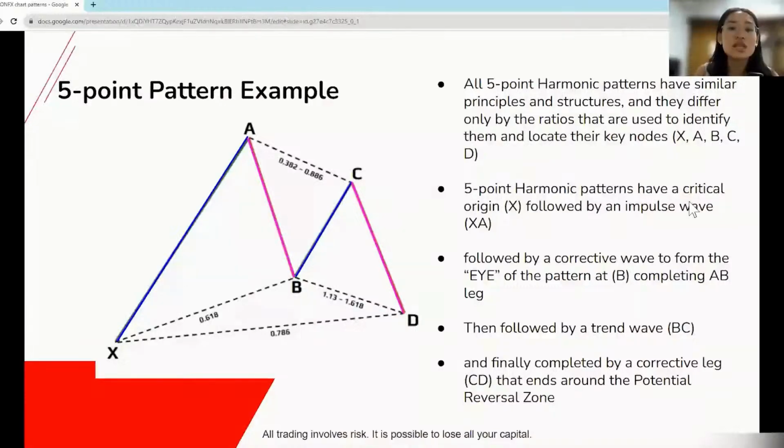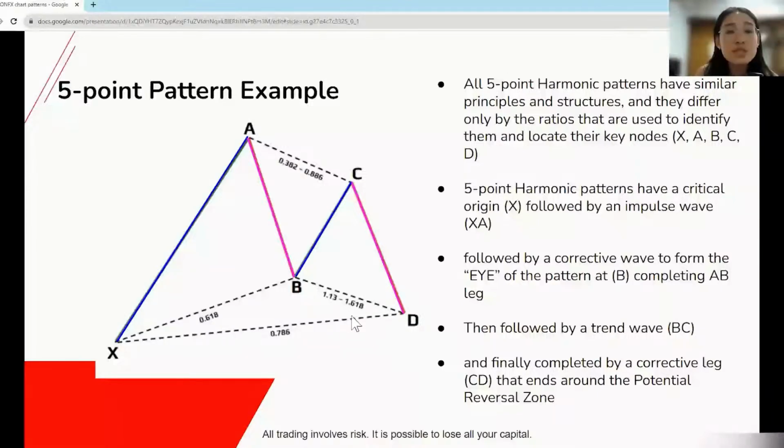Okay, let's talk a little about harmonic patterns. All 5-point harmonic patterns have similar principles and structures, and they differ only by the ratios used to identify them and locate their key points. In this case, we have X, A, B, C, and D, as I mentioned earlier.